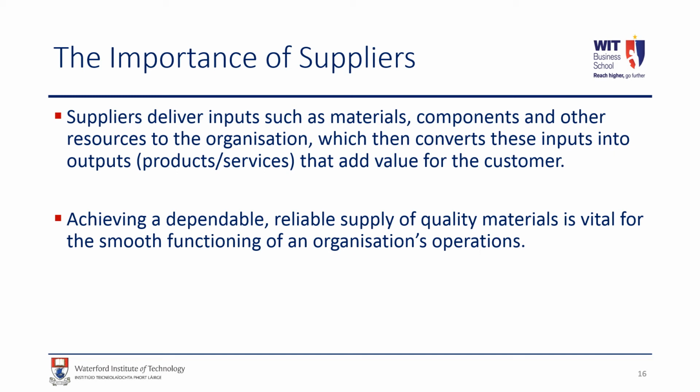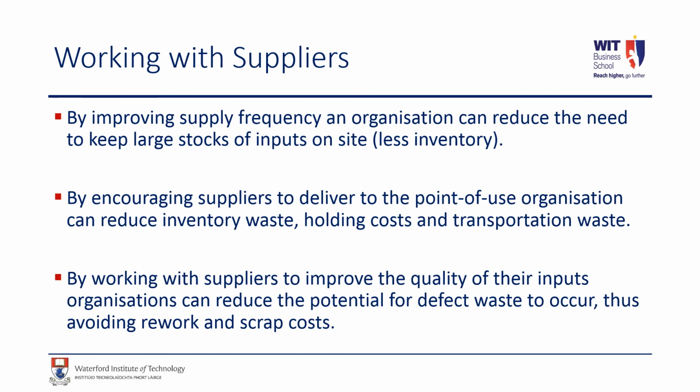So the more we can rely on our supplies, we know how much materials, how much inputs are going to be supplied, at what frequency, at what cost, at what time, the better we can plan our organization's operations. So by improving the frequency of supply, we can reduce the need to keep large stocks of inputs on site. And some lean organizations would have suppliers that would supply daily or even more regularly than that.